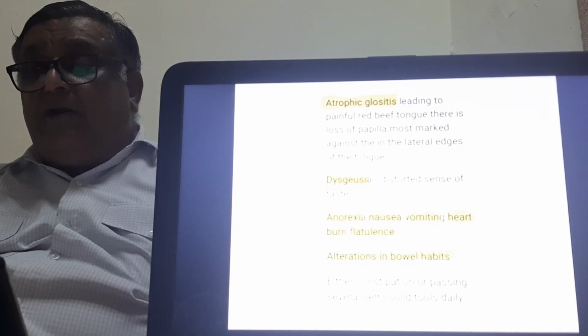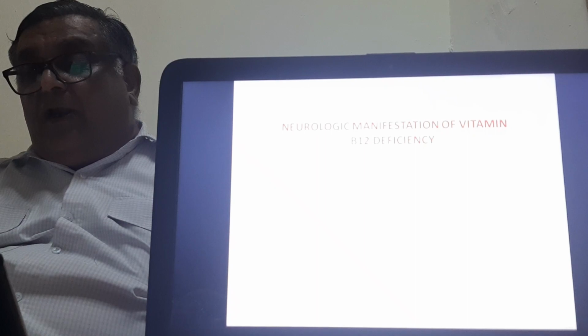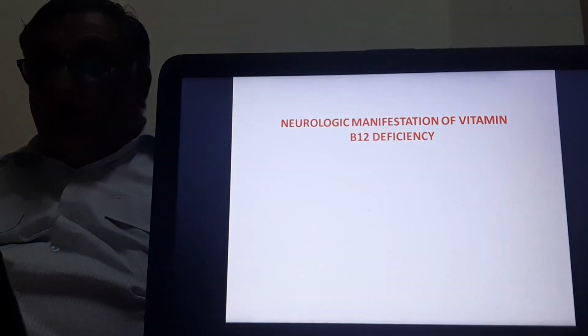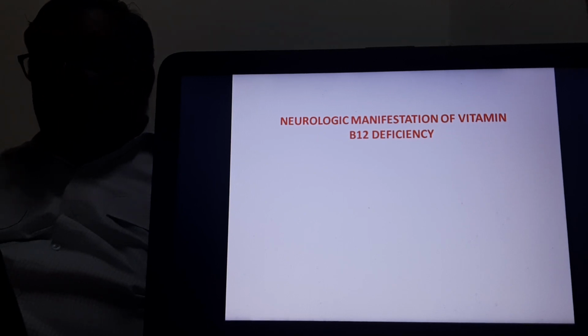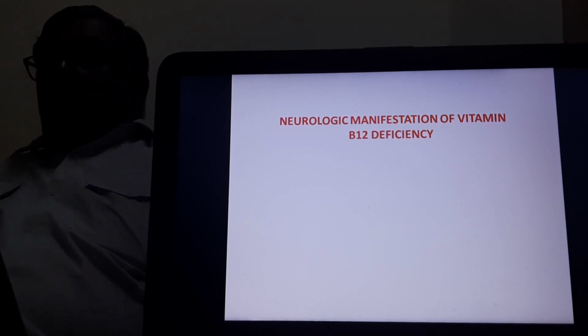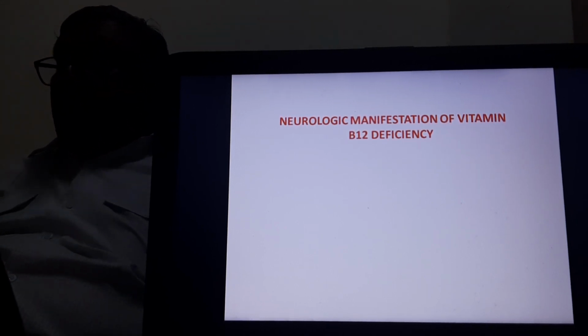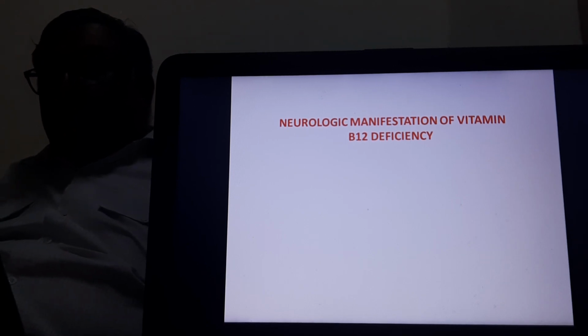The second system besides the GIT to be affected mainly by vitamin B12 is the CNS. And as we can see, it can affect not only the brain and the spinal cord, even the peripheral nerves may be affected. As far as the brain is concerned, the patient may have problems with the higher mental functions, may have dementia, may be irritable, may be mildly depressed.